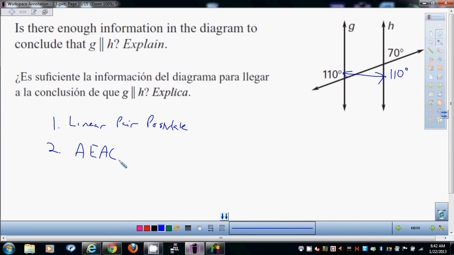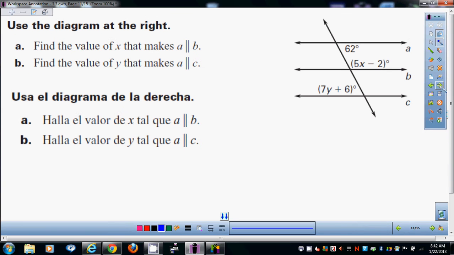Here we go. Okay. Find the value of x that makes A parallel to B. Caitlin, what kind of angles are these?